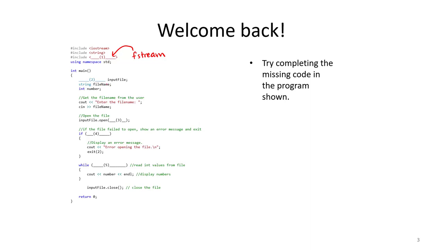Next, notice here we are declaring some type of value, and we notice that input file here is actually an input file stream object. So in line 2 here, we must be declaring an input file stream object. So the correct line of code is ifstream input file.